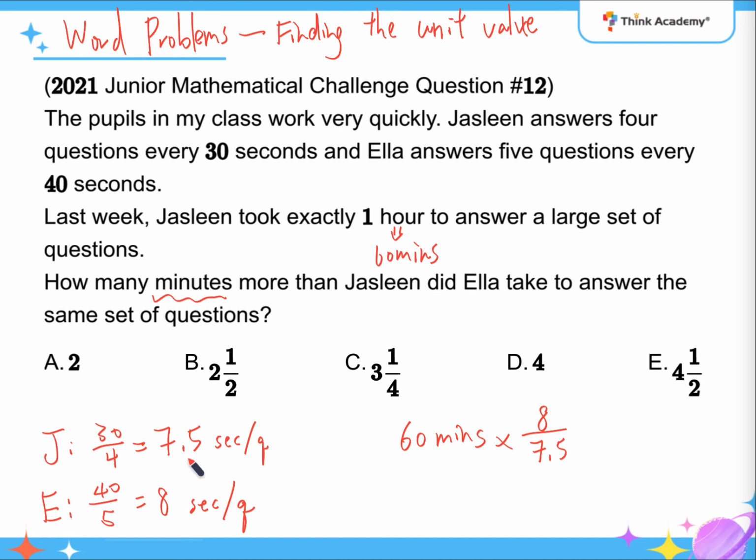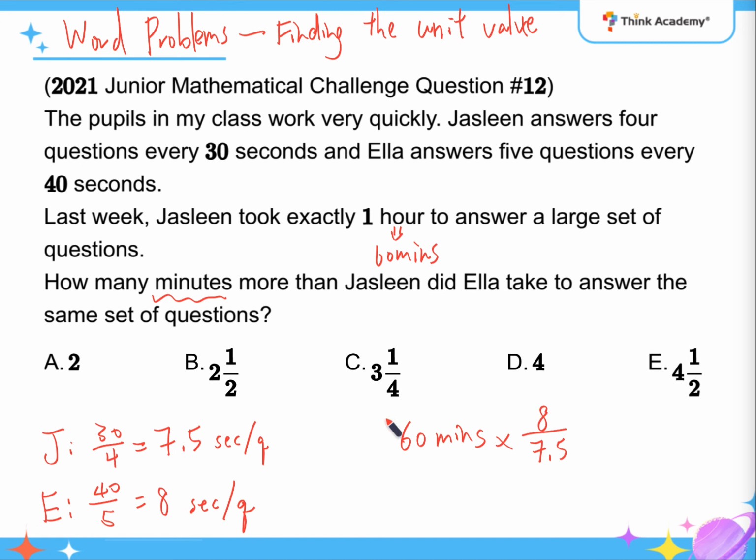Because you can say that the ratio between their speeds is 7.5 to 8. Yeah? So you can just divide it by 7.5 and multiply 8, even though the units don't match, but since I'm expressing it as a fraction, it means that it is a ratio, basically.